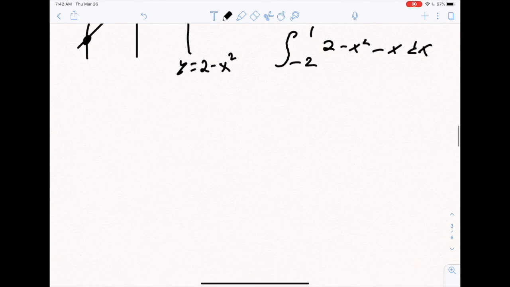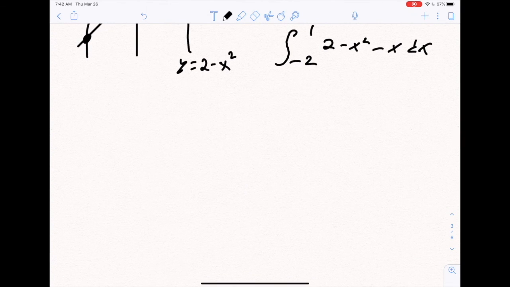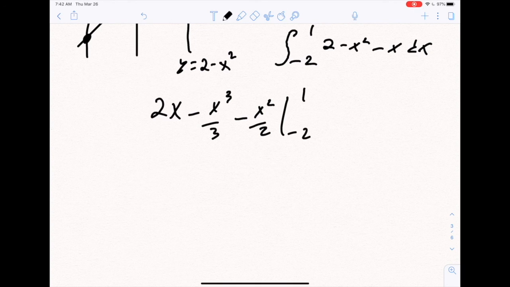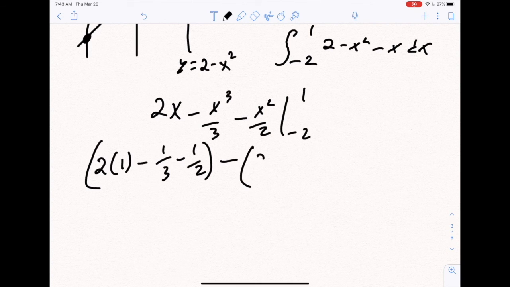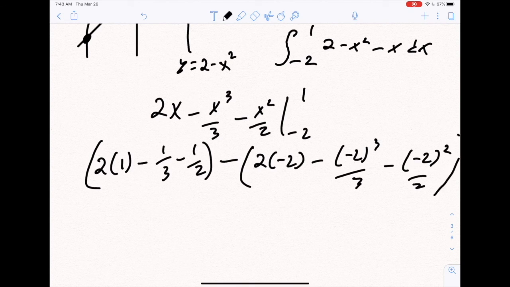So let's calculate that integral. This gives us 2x minus x cubed over 3 minus x squared over 2, evaluated from -2 to 1. And so we get 2 times 1 minus 1 cubed over 3 minus 1/2, that whole quantity, minus 2 times -2 minus -2 cubed over 3 minus -2 squared over 2.